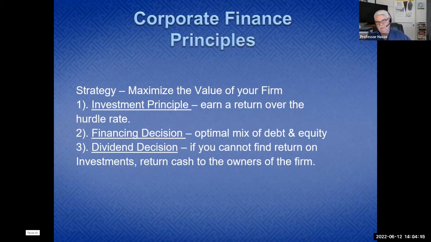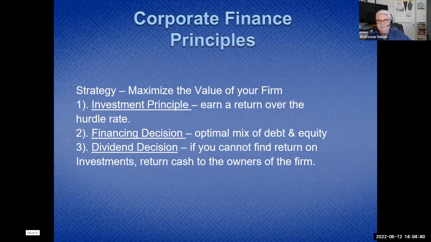The financing decision principle is: what mix of debt and equity are you going to use to finance that investment? Because many times you cannot borrow money. You're going to have to finance by issuing equity, going on Shark Tank, issuing stock, going to a hedge fund, investment bankers.